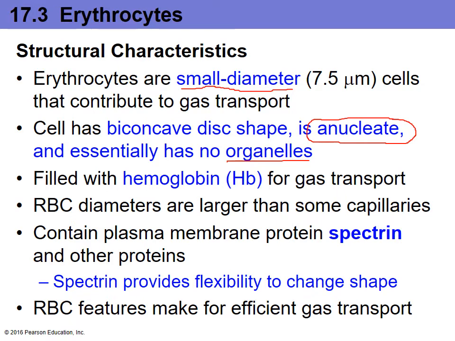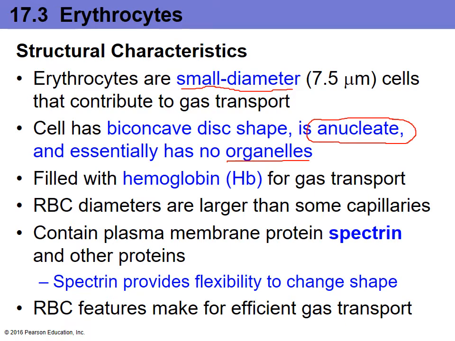Now remember, the whole goal of a red blood cell is to carry as many oxygen molecules as it possibly can. And this is the reason why as it matures, it will flatten, it will get its little biconcave, its little dip on the bottom and on the top, and it will lose the organelles that are inside of it. It will, however, hold on to what we call hemoglobin.